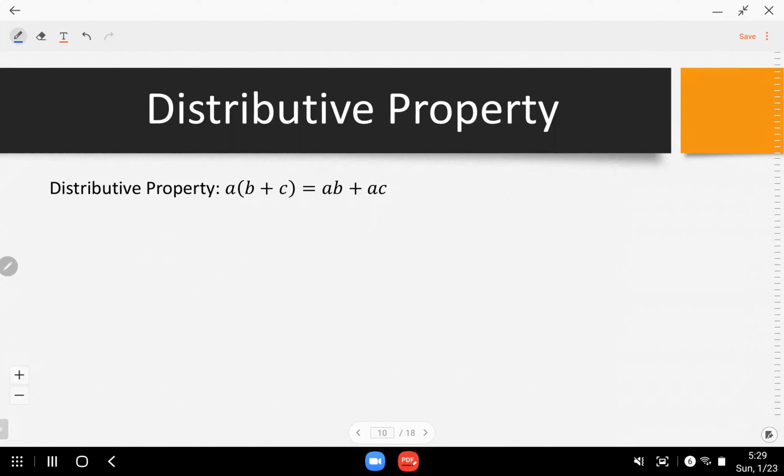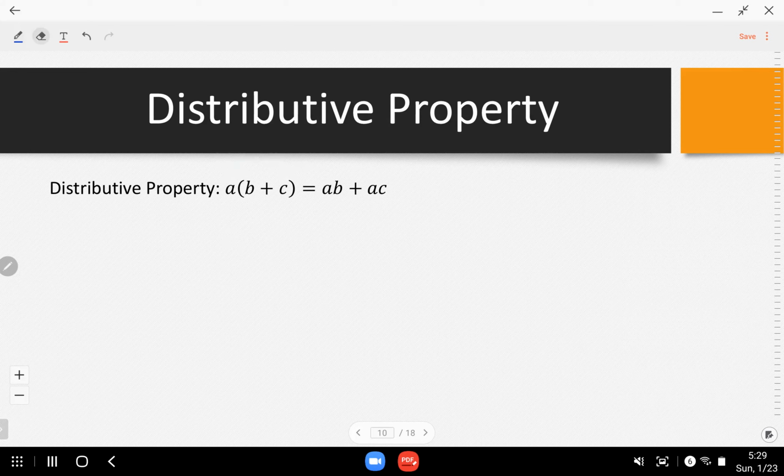We distribute the A to both terms, right? So we get AB plus AC. Make sure you distribute A to both terms, not just one term. And that's a common mistake when you're learning this.